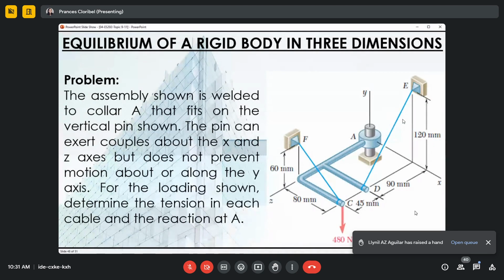Yes, Mr. Aguilar. In the problem, identifying the movement is not direct, like a movement in a specified axis.